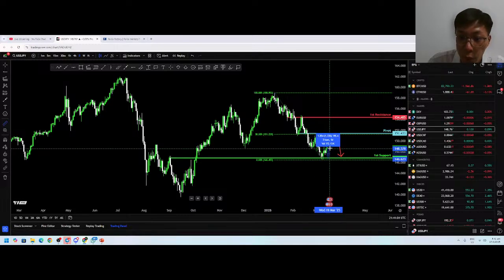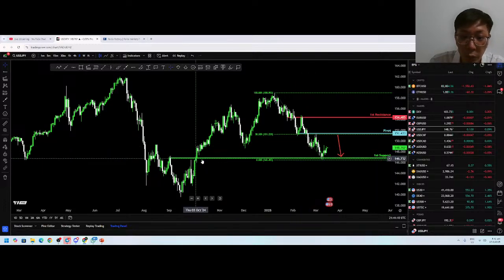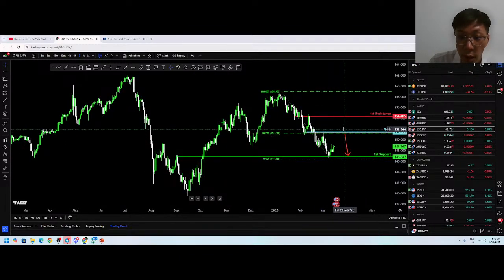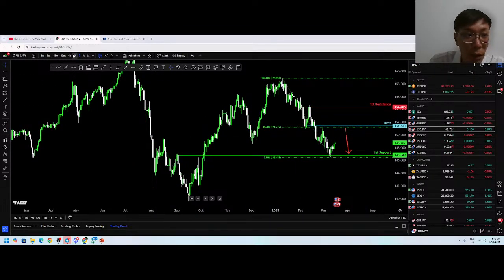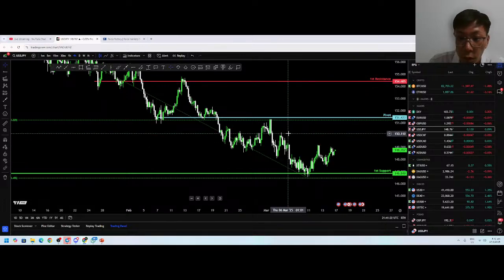From here, we had a previous entry. 213 pips has already passed from our previous level. So we want to take a look at this other pivot point. But of course, if you look at the H4 time frame, let's see.